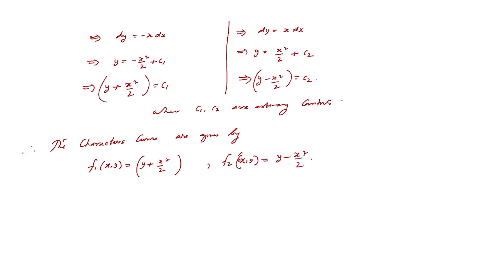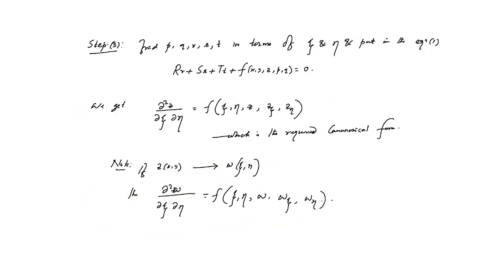So therefore we can consider xi(x,y) as y plus x square by 2, and eta(x,y) as y minus x square by 2.